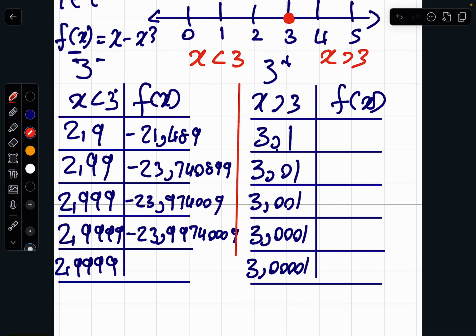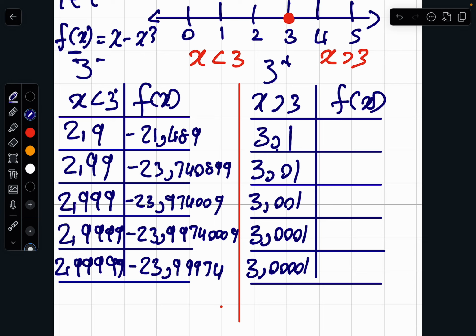Let me put a line here. Therefore, let's substitute 2, how many 9s? 5 nines. I forget the last 9. Put another 9. You get negative 23.99974. You see what's happening?